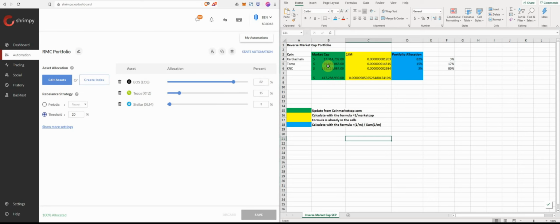Again, with the reverse market cap, I don't know if I explained this in the beginning. The point of doing this is really giving yourself a theoretical increase of returns. If I set this up the traditional way, Kyber Network's 335 million would be 80% of this portfolio. On a percentage basis, I would guess that Cardia Chain is going to outpace Kyber Network by quite a bit.